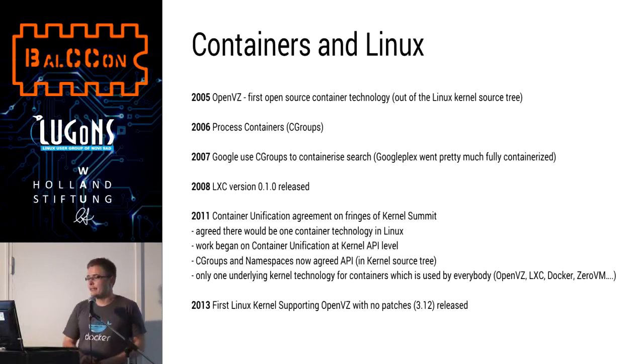And in 2011, at the Kernel Summit, they managed to come to an agreement, the so-called Container Unification Agreement, in which Google, Parallels, and other big interested parties agreed that only one container technology would be available in the Linux kernel, which was very good for starters.